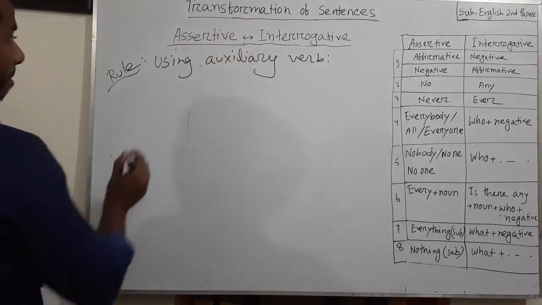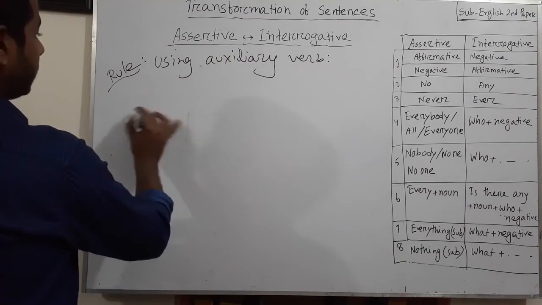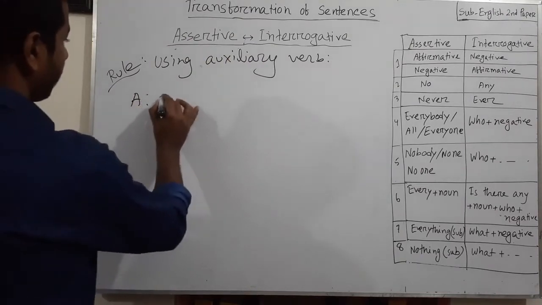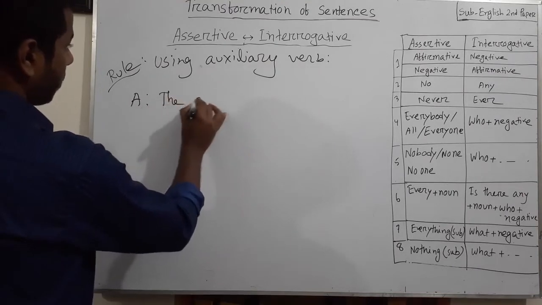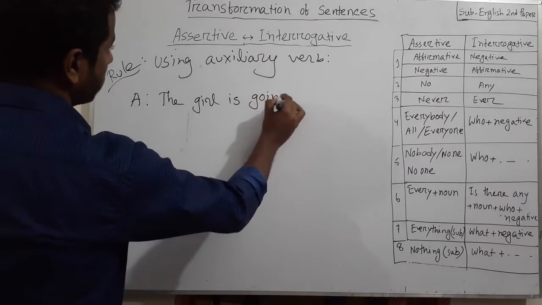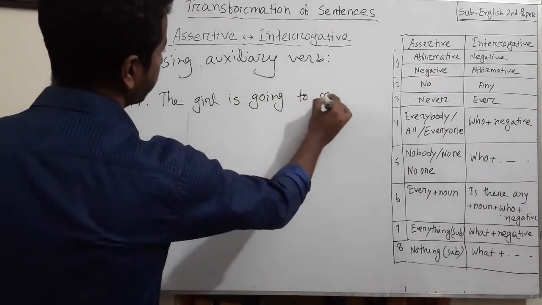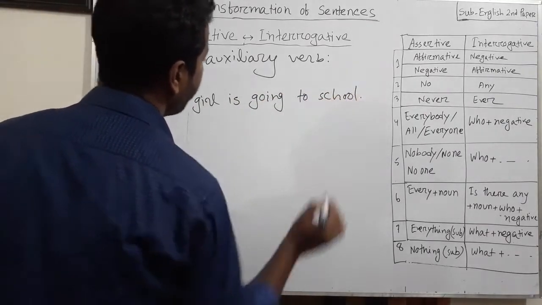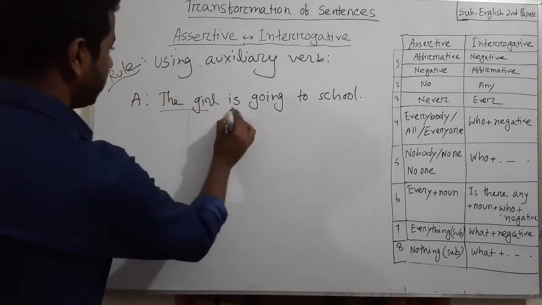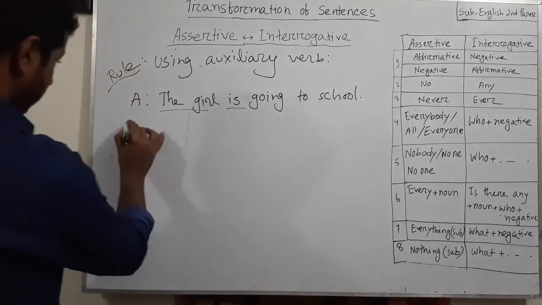Okay, how? For example, assertive sentence: the girl is going to school. Okay, so look at the sentence, subject, auxiliary verb.